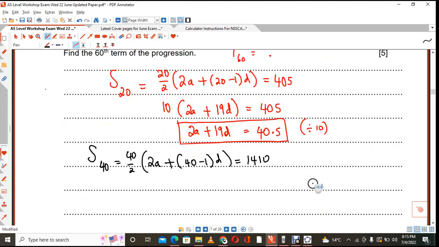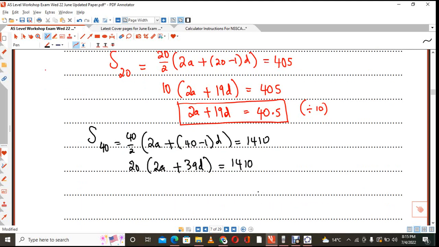So we can clean this up. This gives me 20, then you have 2a plus 39d equals 1410. Again, I can also clean this up by dividing by 20, so it's 2a plus 39d. If you divide that by 20, you get 70.5, I believe.